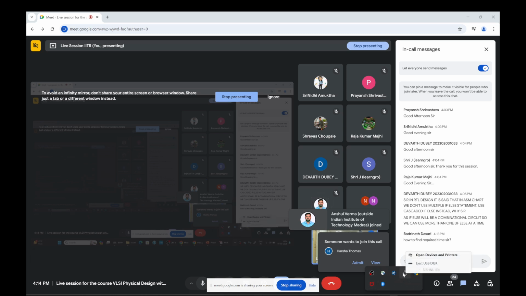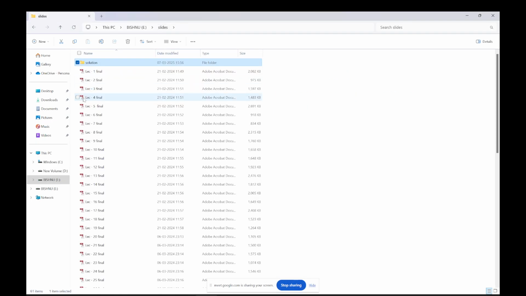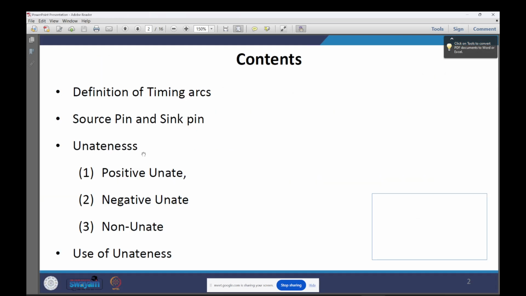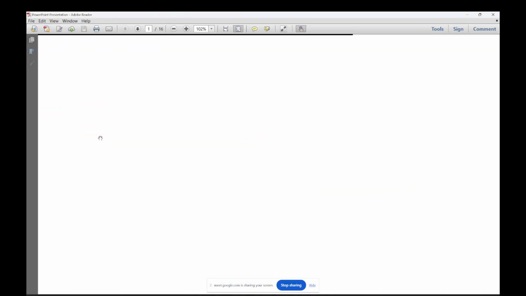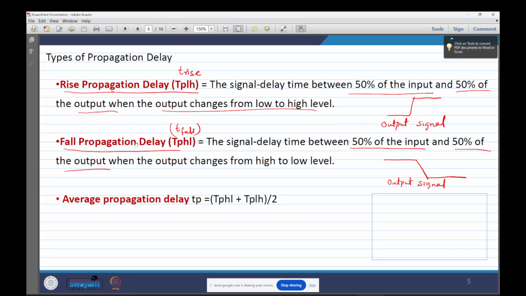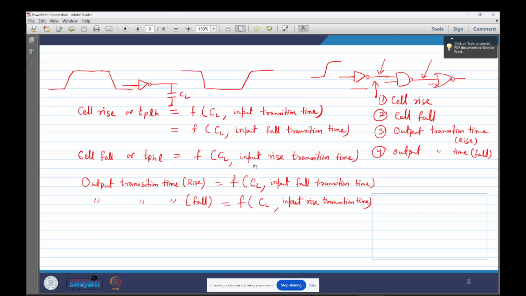What is this now? Lecture 10. 10 है? हाँ.